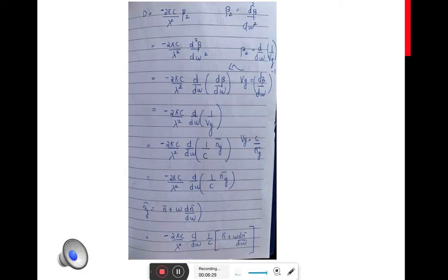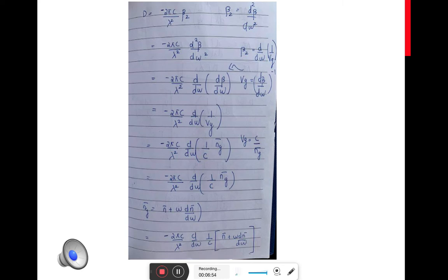So now we know the dispersion parameter D is equal to minus 2 pi c by lambda square into beta 2, and we know that beta 2 is equal to d square beta by d omega square. Now substituting the value of beta 2 in that expression, we get minus 2 pi c by lambda square into dou square beta by dou omega square.